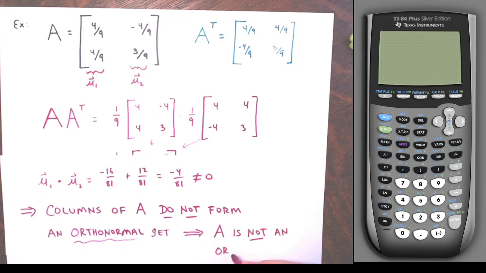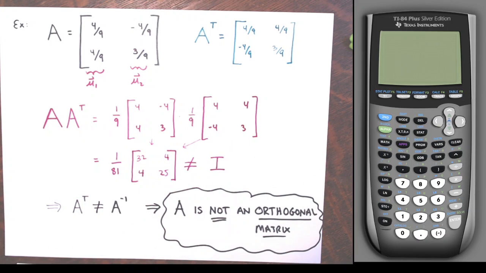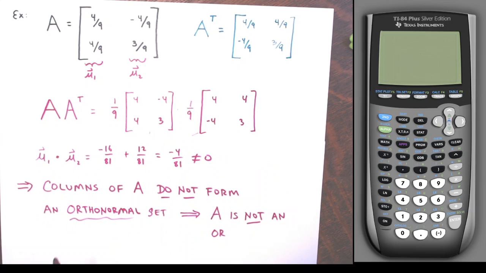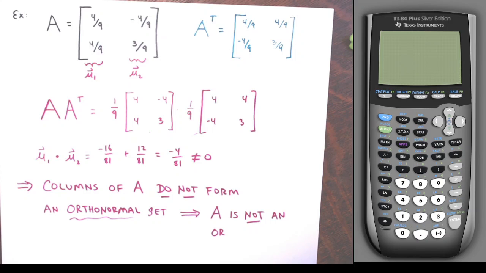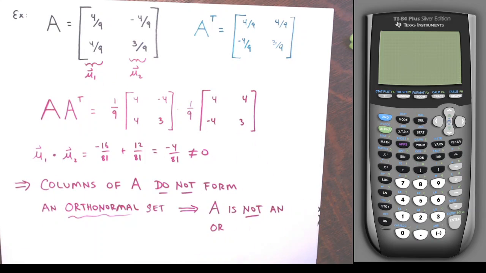You don't have to show both of these. This way is fine, what I just showed here, that A times A transpose is not the identity, but this way would also be fine if you show that the columns or the rows of the matrix do not form an orthonormal set, or an orthonormal basis for R2. Here it's R2 because it's a 2 by 2 matrix. So A is not an orthogonal matrix.